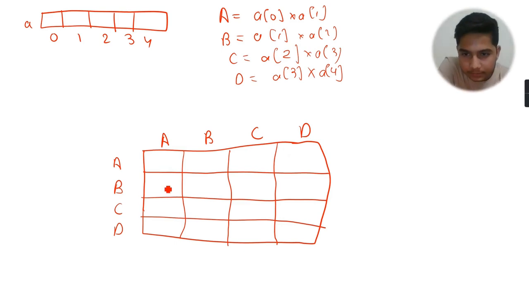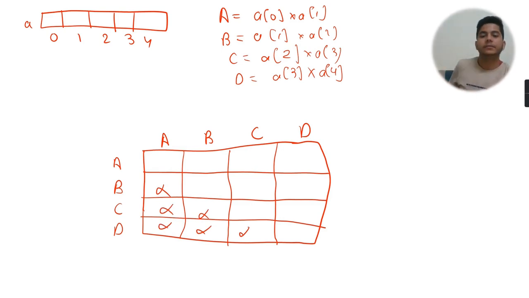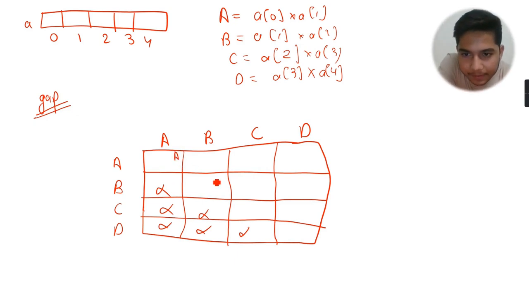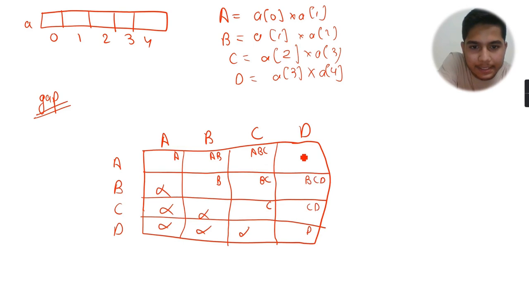We will be applying the gap strategy here. So it's A, B, C, D, then AB, BC, CD, then ABC, BCD, and ABCD.